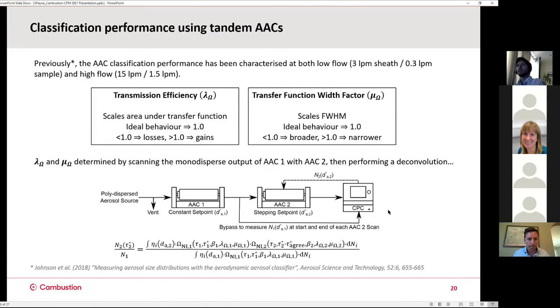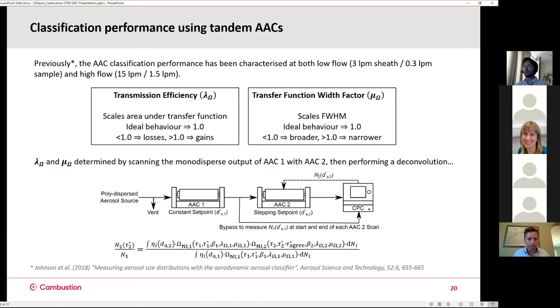And then finally, to finish off with some ongoing work: the classification performance of the AAC using a tandem AAC setup. Previously, Tyler Johnson and co-authors published in 2018 on characterizing that at both low flow and high flow up to 2.4 microns.